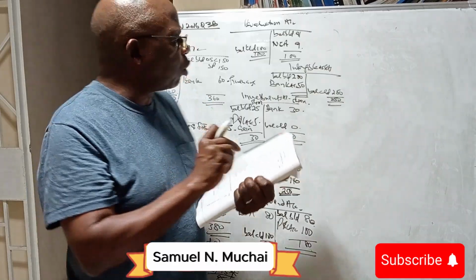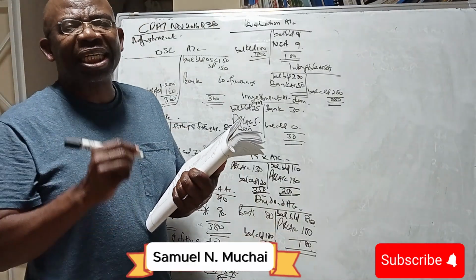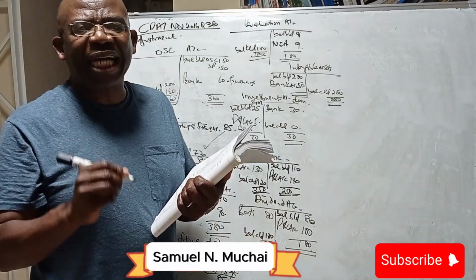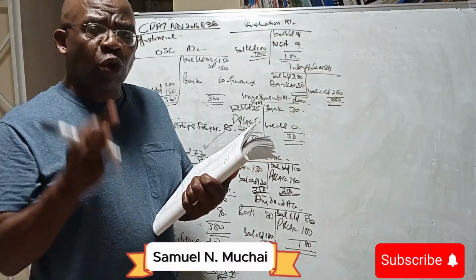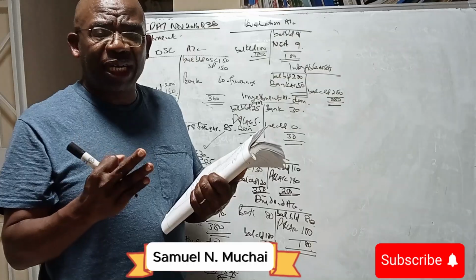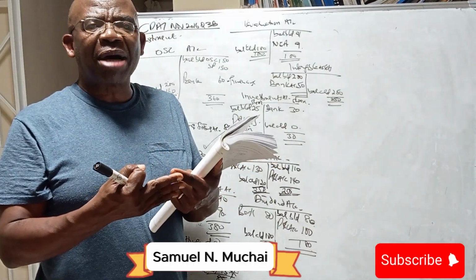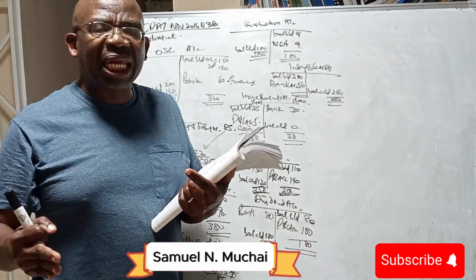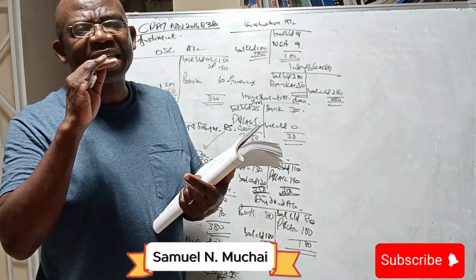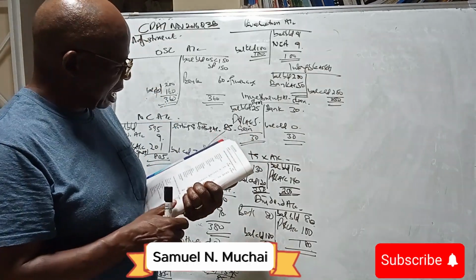And when preparing the statement of cash flows, we are tracing the movement of our cash and our cash equivalents. So we add three things to get the opening cash and cash equivalents. We add the cash, we add the bank, we subtract bank overdraft, both at the beginning and at the end to get the opening and closing cash and cash equivalents.